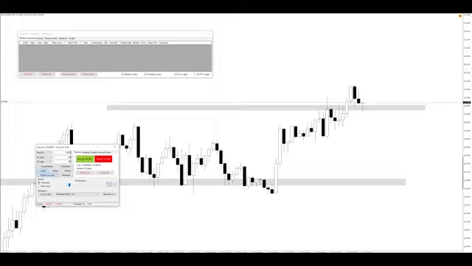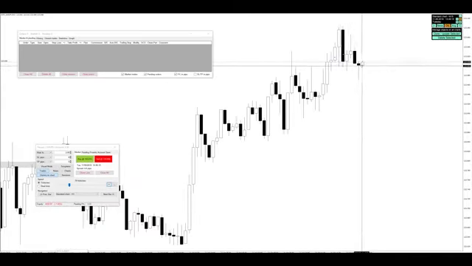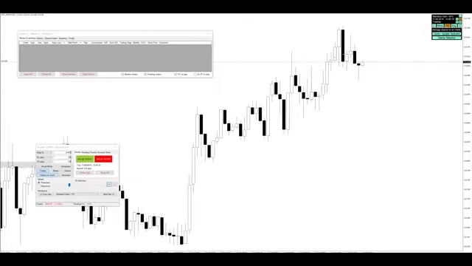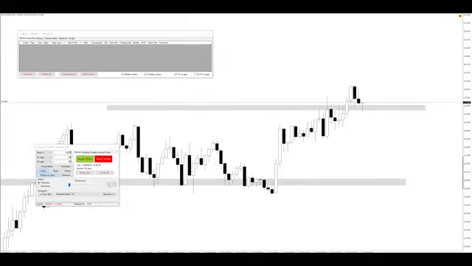The 15-minute candle has just closed as well. 15-minute candle closed like this, a small body bearish candle. So I think once the 30-minute candle closes, it's going to be a better opportunity to take some buys and expect price to continue moving bullish. I think it's going to be a very, very good opportunity that way.